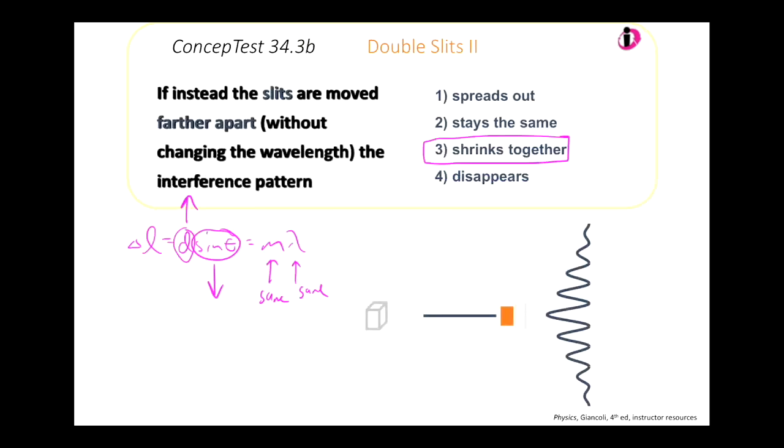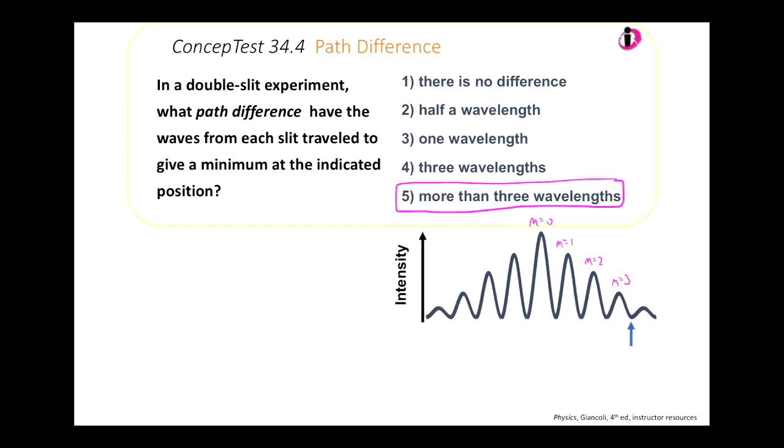Let's get the equation up there once again. So delta L equals d sine theta equals m lambda. So we can just get rid of this middle part. We're looking at the path difference is equal to m lambda. For the third one, m would be equal to 3.